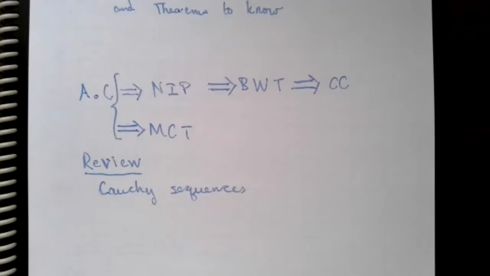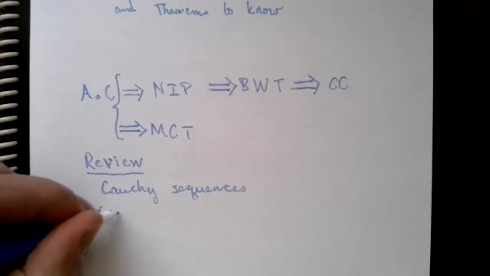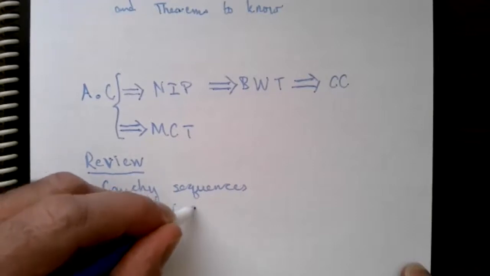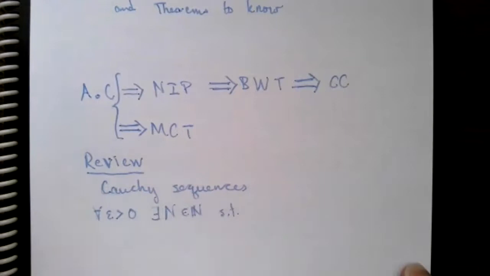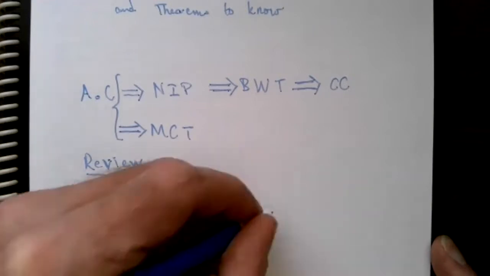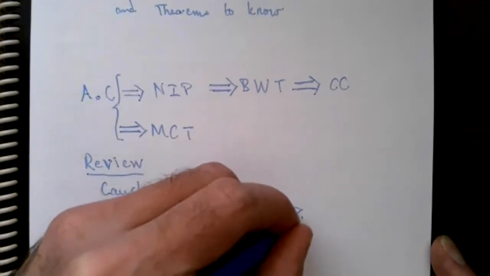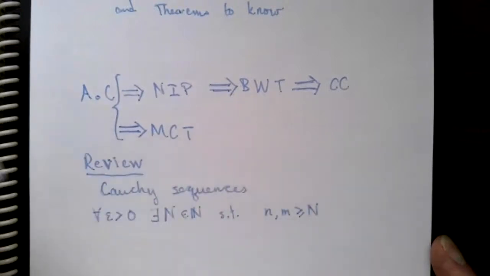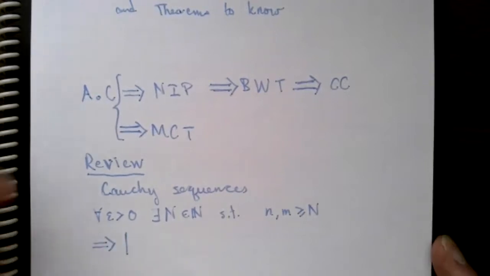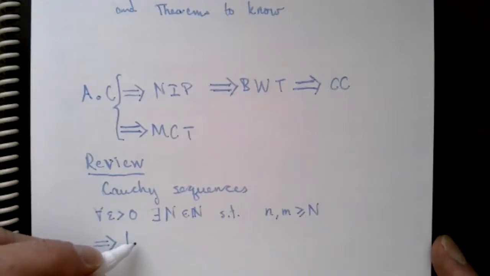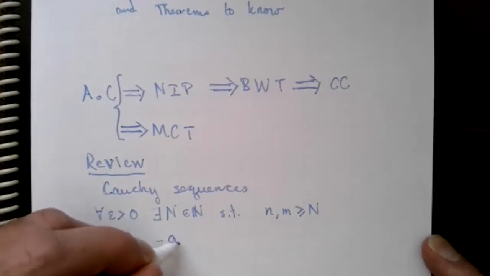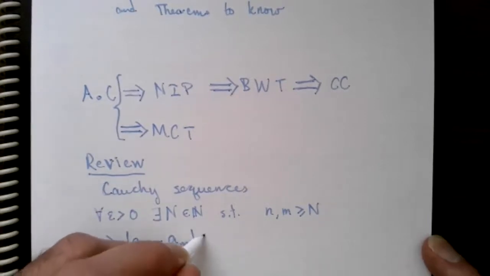For any epsilon greater than 0. Okay, for all epsilon greater than 0, there exists capital N in the natural numbers such that n and m greater than N implies what? a sub n minus a sub m is less than or equal to epsilon.